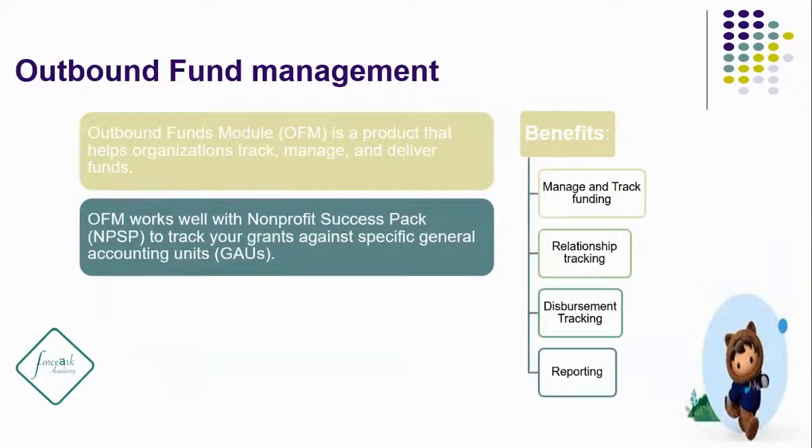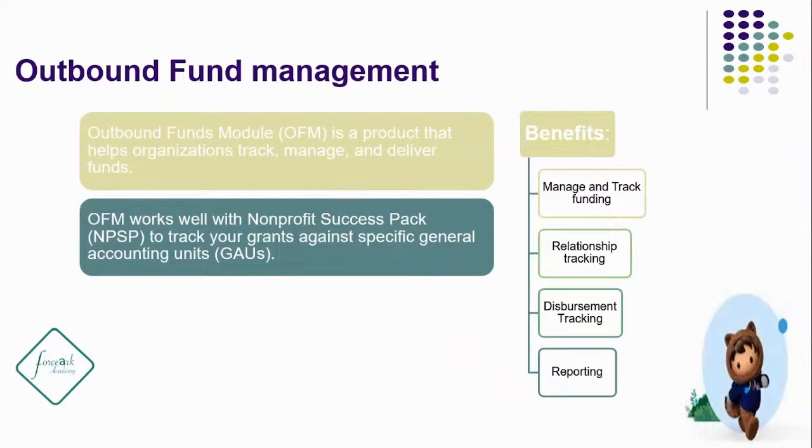Now, the outbound funds module. The Outbound Funds Management module helps organizations manage and track funding requests and outgoing funds, such as grants and scholarships. It is designed to be a flexible, lightweight solution to meet various needs across multiple industries. It is available on the Salesforce AppExchange in the resource section, and works well with Non-profit Cloud to track your grants against specific general accounting units.